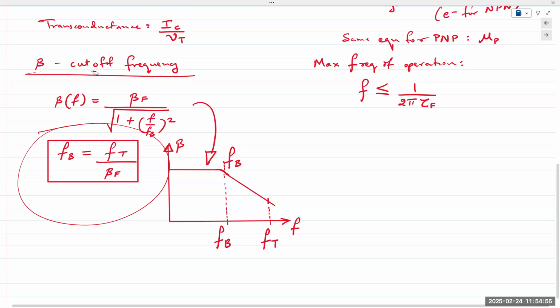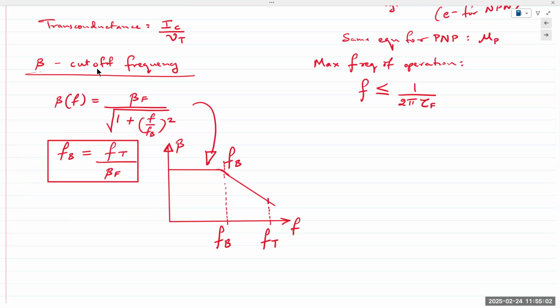So lowercase f is the frequency, uppercase F is for forward active mode. So f_T over beta_F gives us the value for f_B. We plug that into the above equation and we can obtain the value of beta for any given frequency.